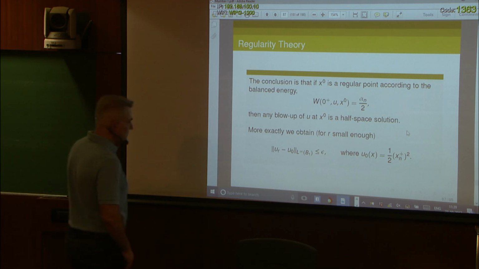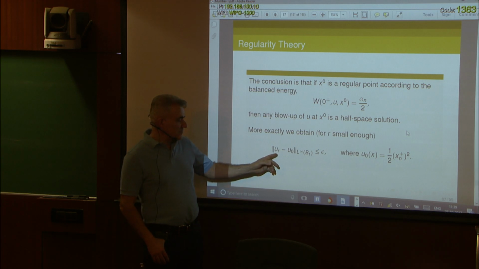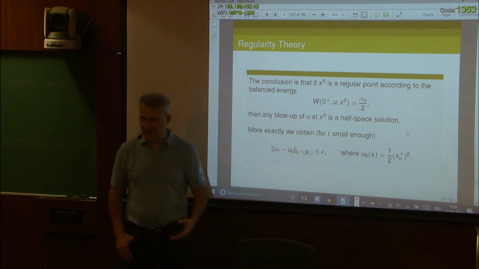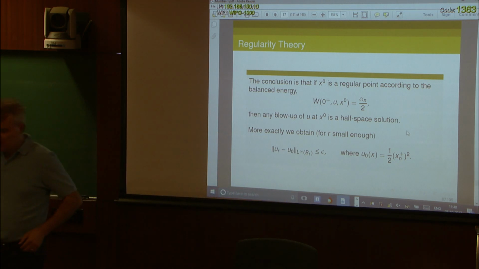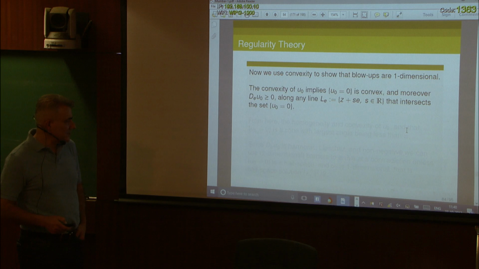The first thing to notice is once you are close to U0, then this is not only L infinity but C1 alpha norm, because the convergence is in C1 alpha norm. Then you can use this in a way that we tried to use for the example we had at the beginning. So let me go back to that example just to remind us, so we can come back to this very soon.